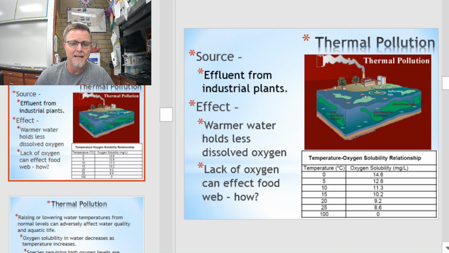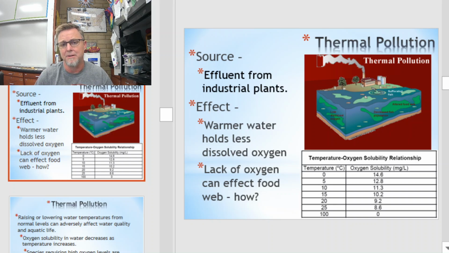If it's outside their range of tolerance, it can be deadly. Not only that, but warmer water holds less dissolved oxygen. With less dissolved oxygen, you get less sea life. The lack of oxygen can cause the entire food web to collapse in a positive feedback loop that, once started, might be impossible to stop.